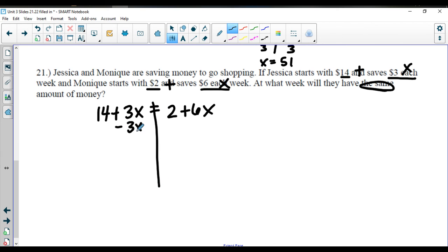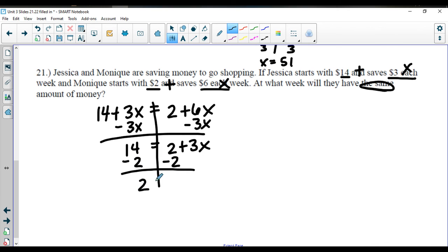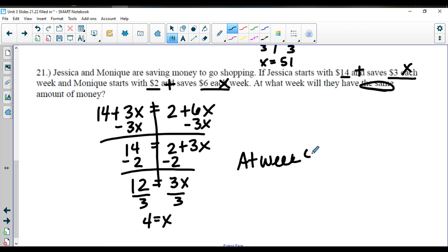And if we subtract the smaller variable, which is our 3x, we have 14 equals 2 plus 3x. Subtracting away the 2, 14 minus 2 is 12, equals 3x. Divide through by 3. We get 4 equals x. So at week 4, they are the same.